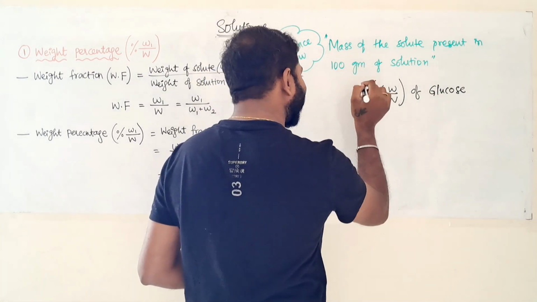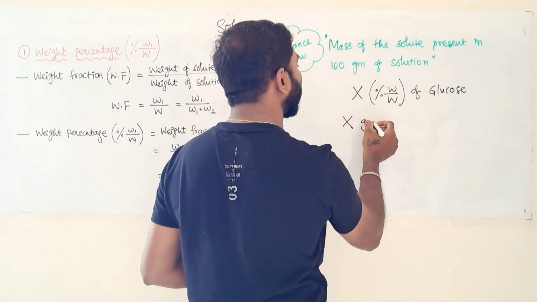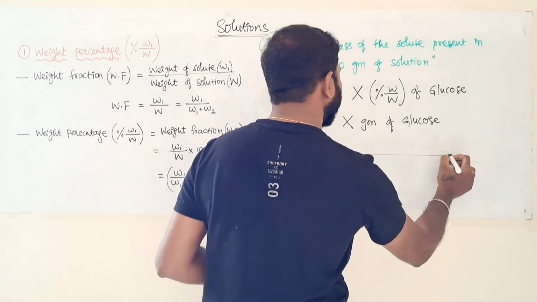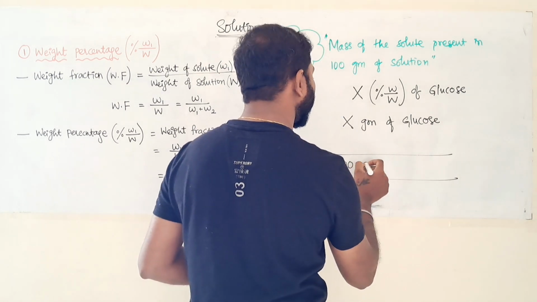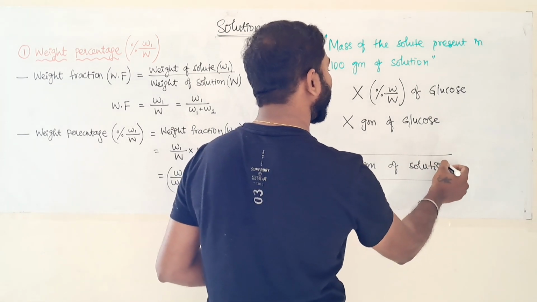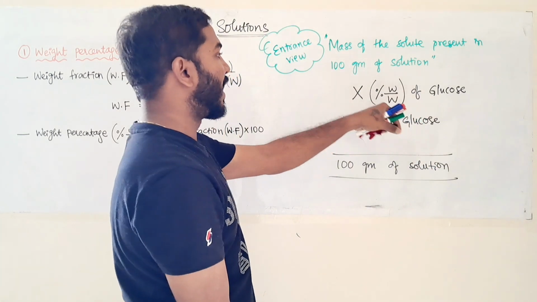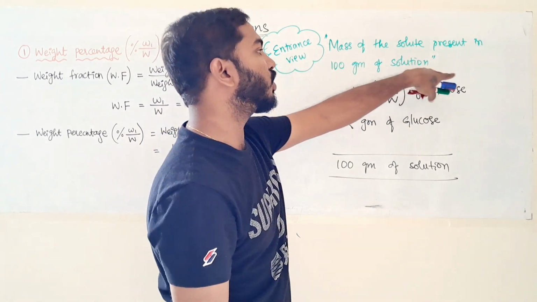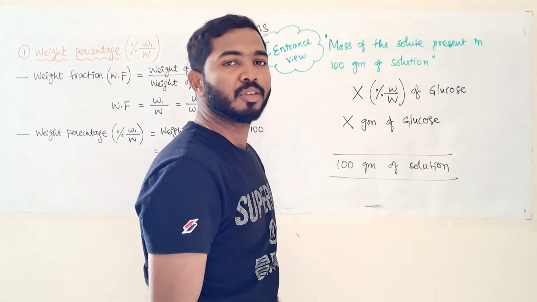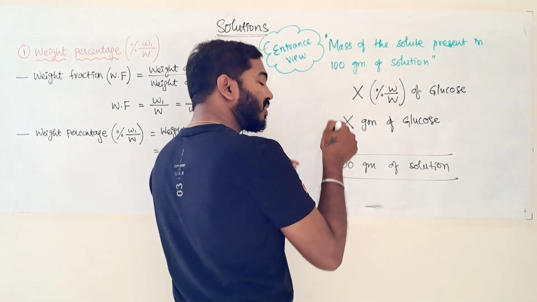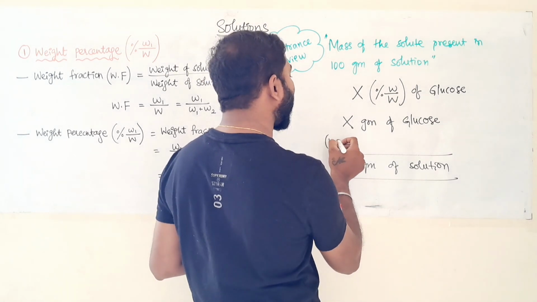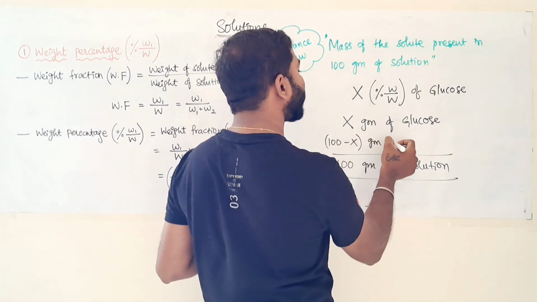The exact meaning is that X grams of glucose is present in 100 grams of solution. So X weight percentage of glucose means X grams of glucose is present in 100 grams of solution. And what is the weight of solvent we can expect? Obviously it is going to be 100 minus X grams of water.